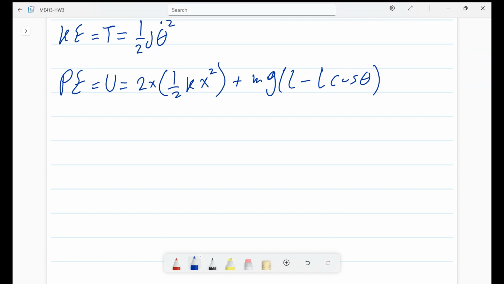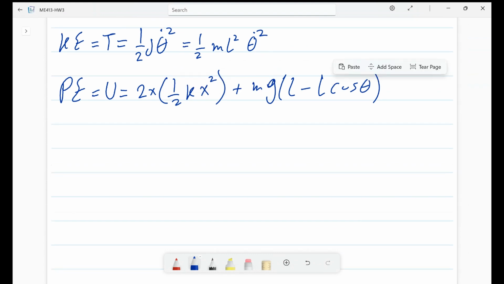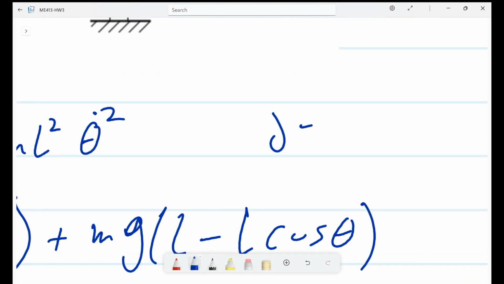So this is going to equal half m L square theta dot square, because J for the pendulum will equal m L square, right?